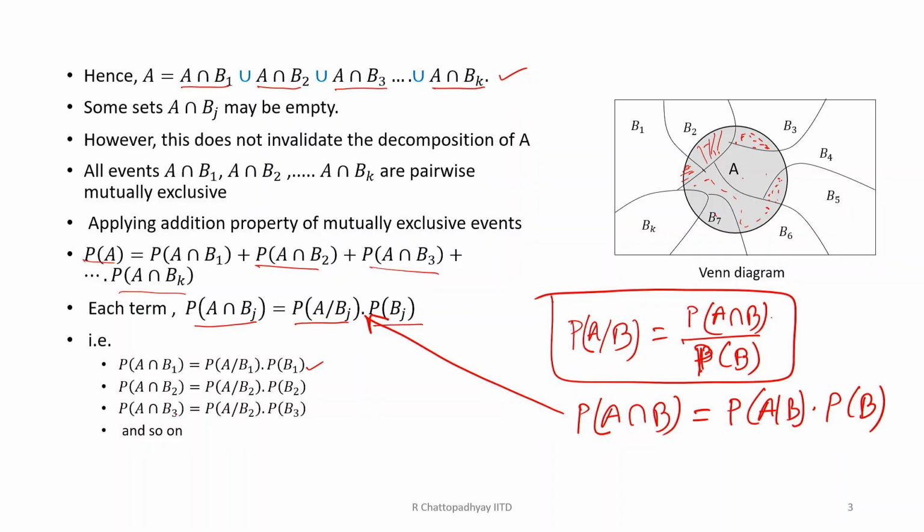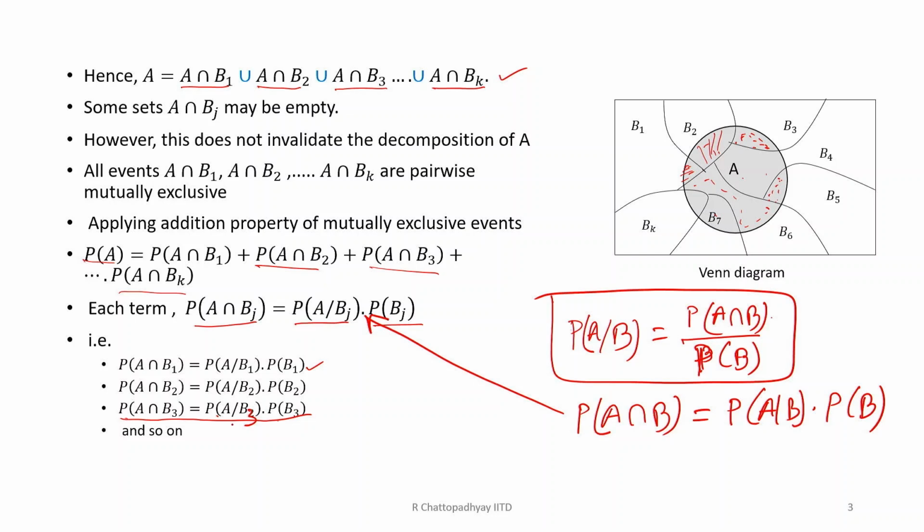So if I read P(A intersection B3), that basically means P(A given B3) into P(B3). That is, given B3 has occurred, what is the probability that A has happened, into the probability of the B3 event.